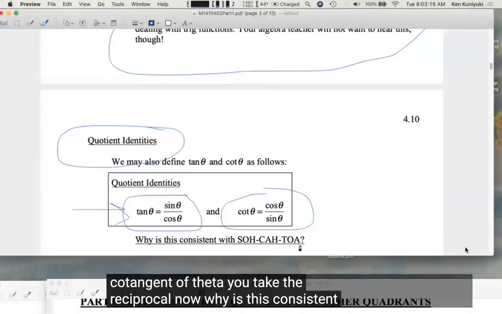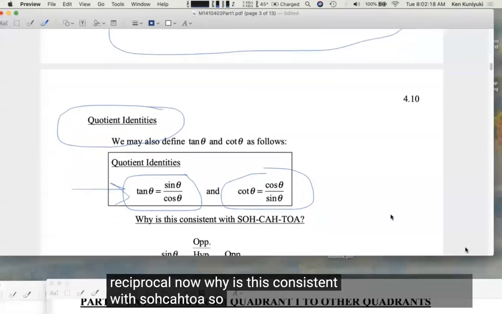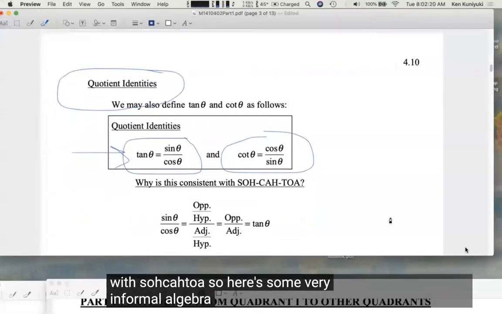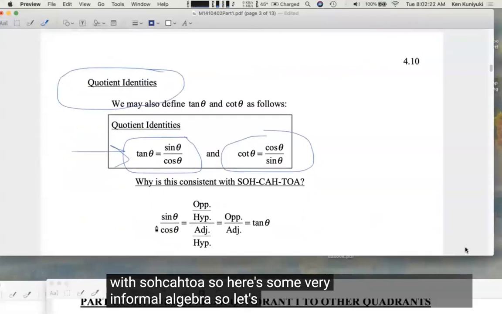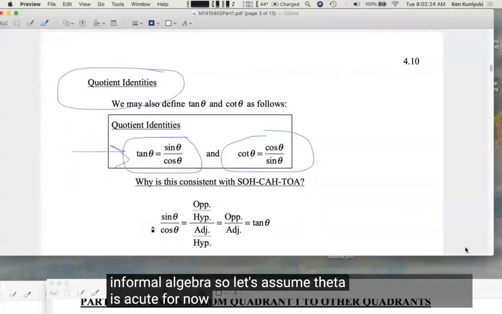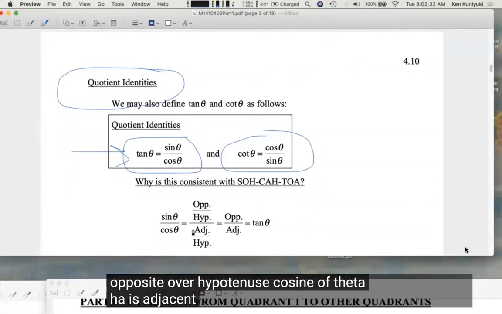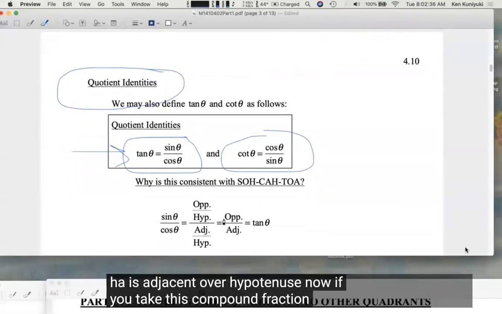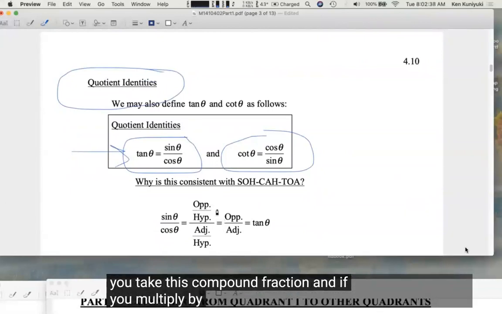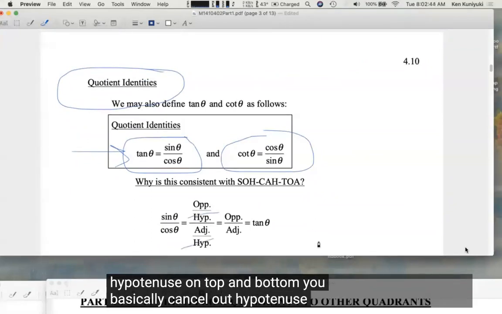Now, why is this consistent with SOHCAHTOA? So here's some very informal algebra. Let's assume theta is acute for now. Sine of theta, so, is opposite over hypotenuse. Cosine of theta, CAH, is adjacent over hypotenuse. Now, if you take this compound fraction, and if you multiply by hypotenuse over hypotenuse, on top and bottom, you basically cancel out hypotenuses.